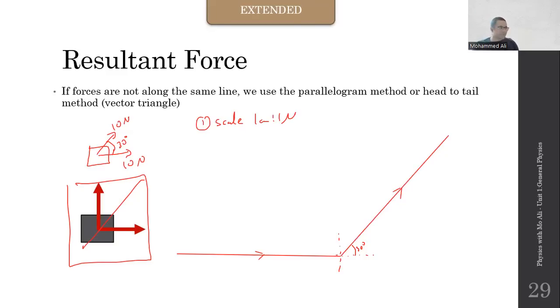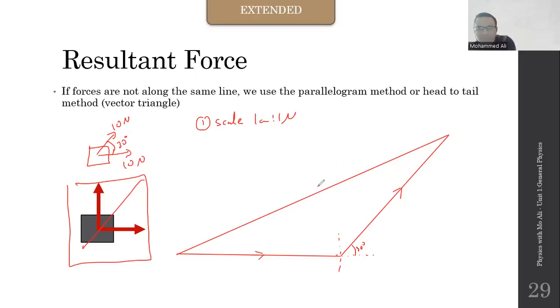So it's the exact same steps. We measure this angle first. Finally, since we are drawing this to scale, this line is your resultant, and this is what you measure. I'll change the color to blue.